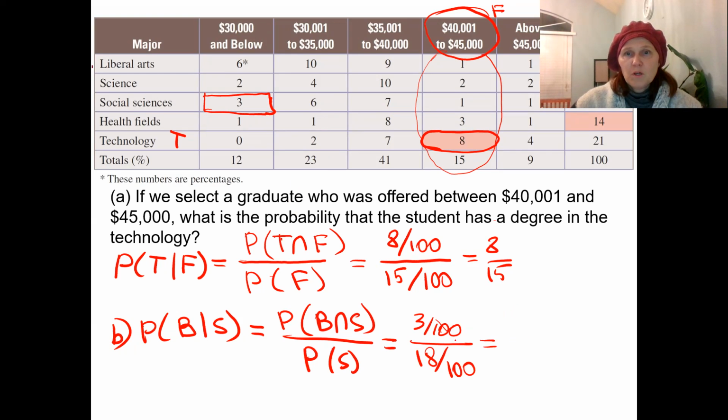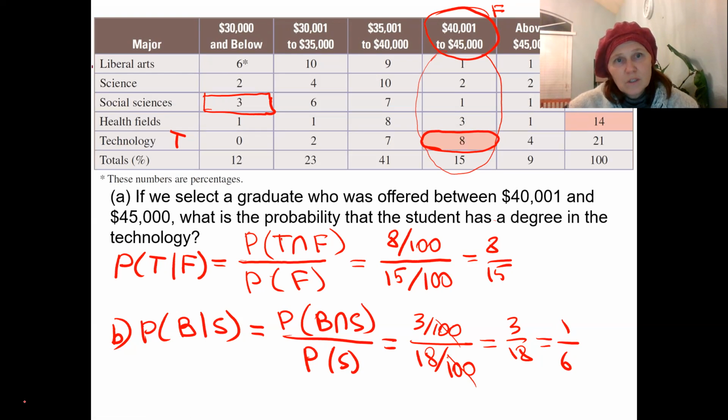So we can multiply by 100 numerator and denominator and get 3 over 18 and divide by 3 numerator and denominator, 1 over 6. The probability of getting a salary below 30,000 given that the degree is in social sciences.